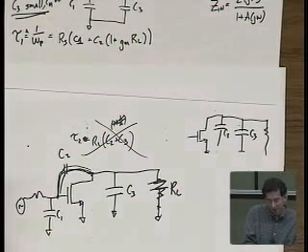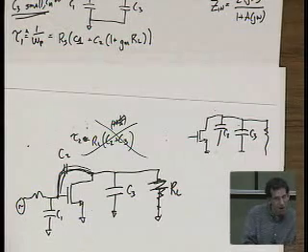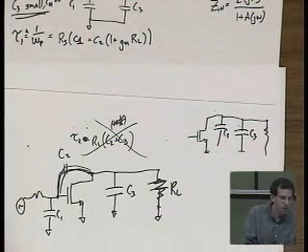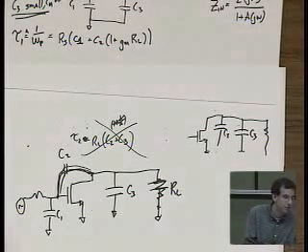That's a really good question. I don't have a great answer for you, which is why these approximations for non-dominant poles will sometimes be off by a reasonable factor.